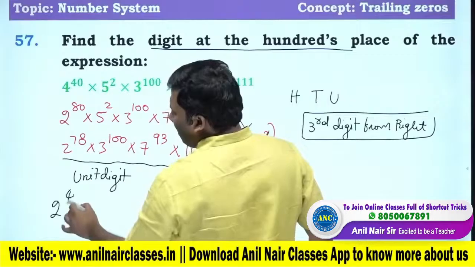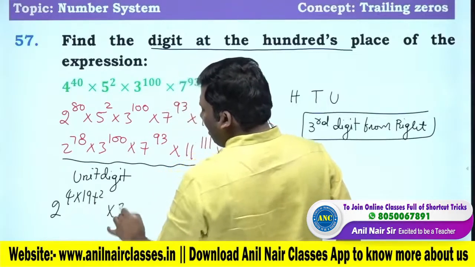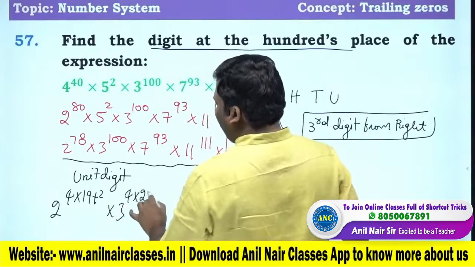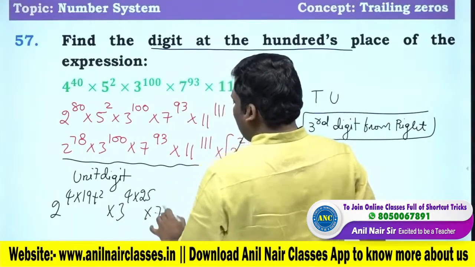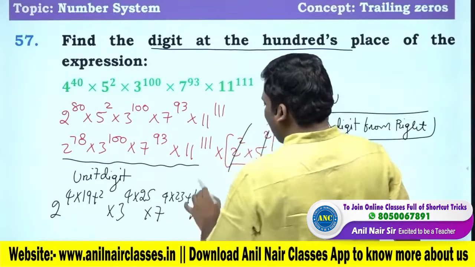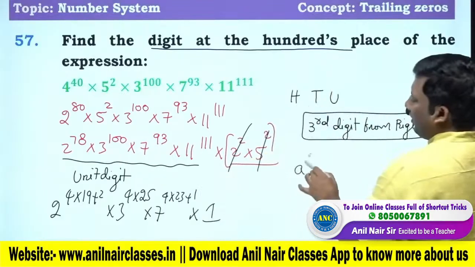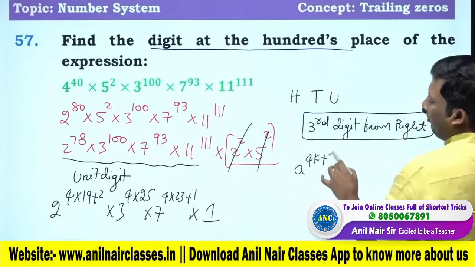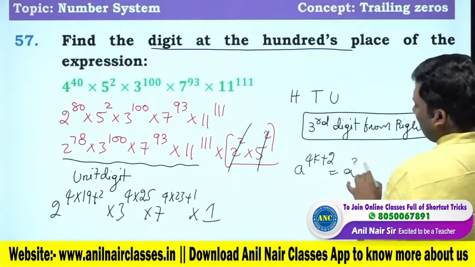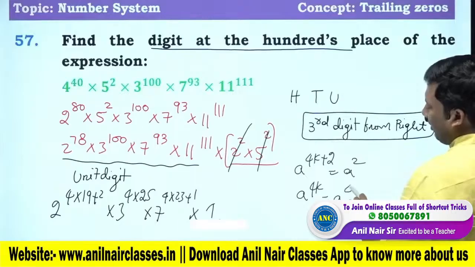How to find out the unit digit of this number? Use the cyclicity of 4. 78 is 4 into 19 plus 2, 100 is 4 into 25, 93 is 4 into 23 plus 1, and 1 power any number will be 1. What is the concept for the cyclicity? A power 4k plus 2 is a square. A power 4k is a power 4.